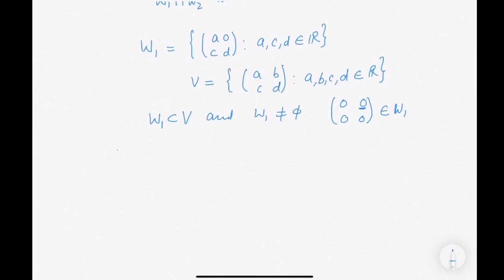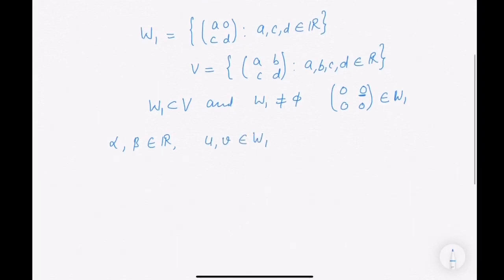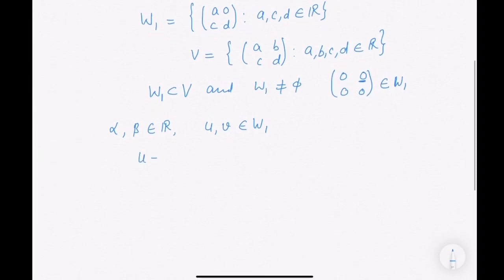For this, let alpha, beta be two elements belonging to field R and U, V two elements belonging to W1. So U is of type A1, 0, C1, D1 and V is of type A2, 0, C2 and D2.